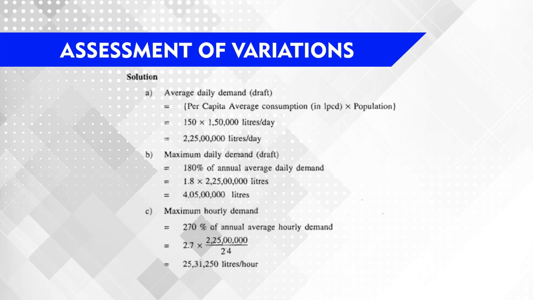Maximum hourly demand is equal to 270% of the annual average hourly demand. So here we take the daily demand and divide by 24. The answer comes 25,31,250 liters per hour.